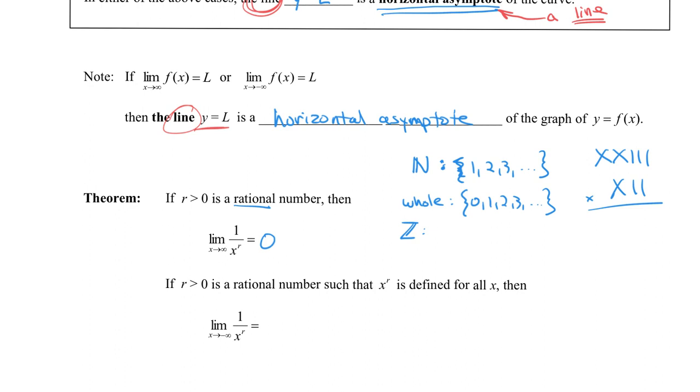So now we have negative 3, negative 2, negative 1, 0, 1, 2, 3. Right? These keep going further negative here and then further positive here. So we've got the natural numbers or the counting numbers. We add a 0 to get the whole numbers, add all the negatives to get the integers.